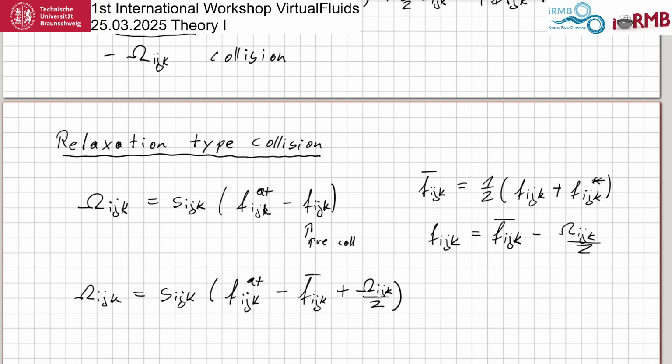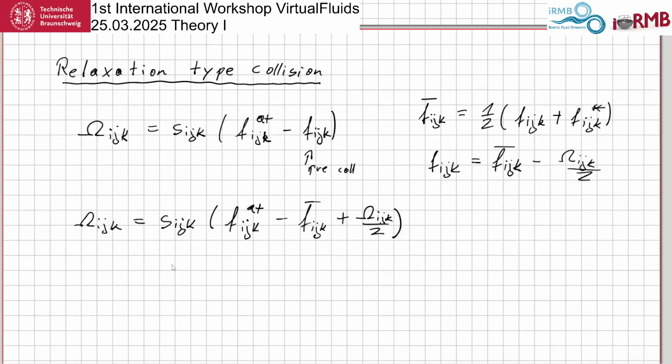Well, it's very simple because you can put this on the other side. You can just rewrite this, put it on the other side, and then put it back, and then you get S_ijk divided by 1 minus S_ijk by 2.